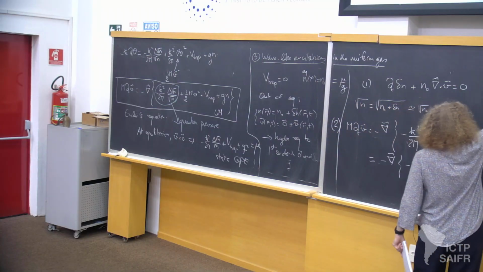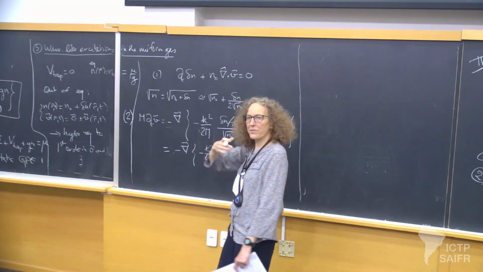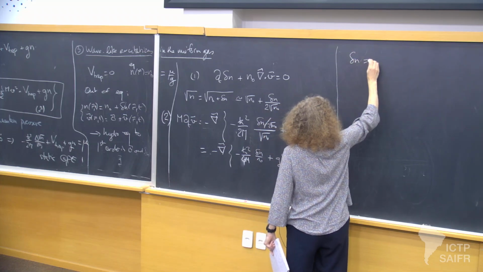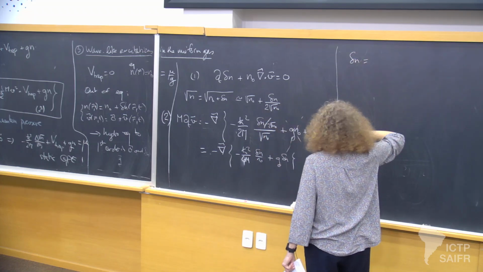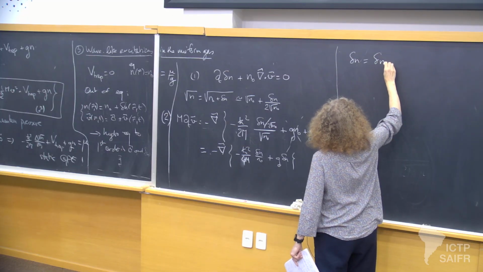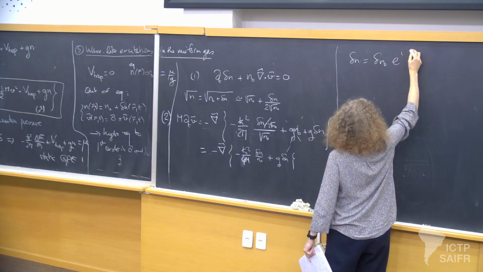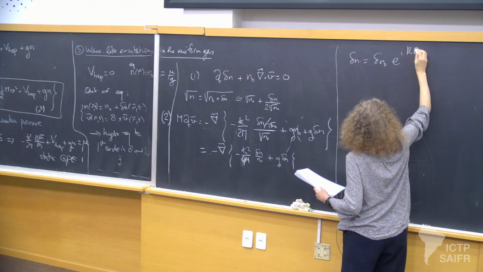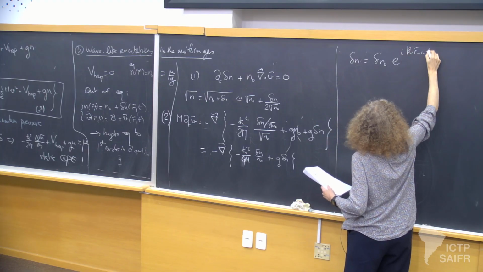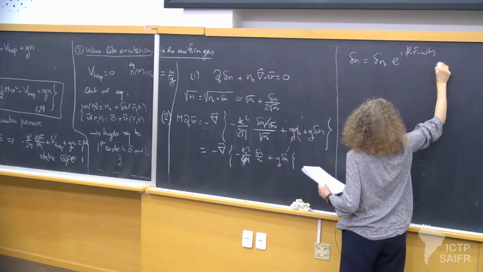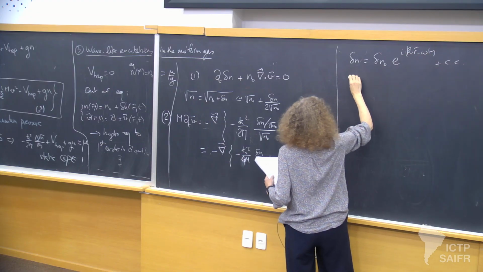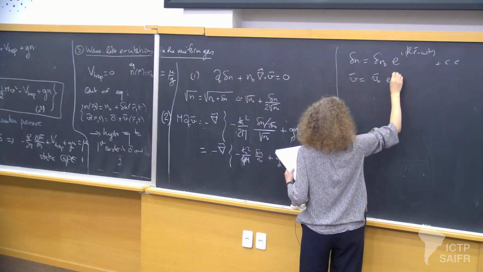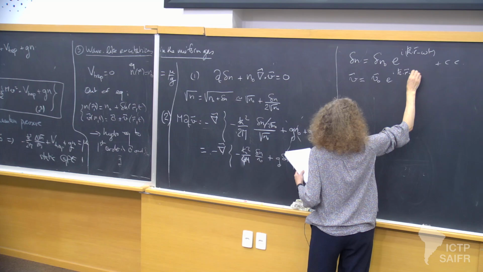Okay, and what I will do is to look for wave solutions under the form delta n is some amplitude e to the i (k r minus omega t), and v is some v0 e to the i (k r minus omega t).